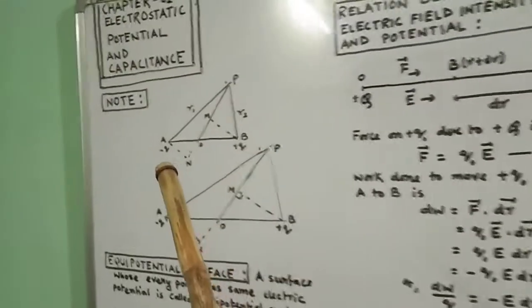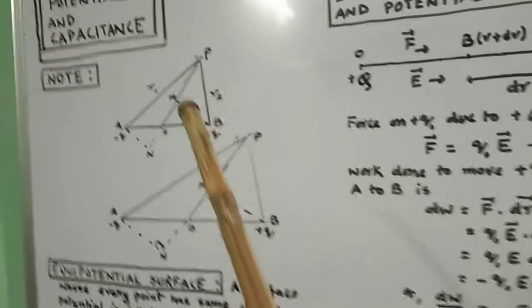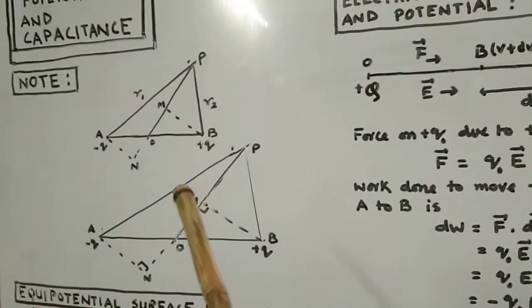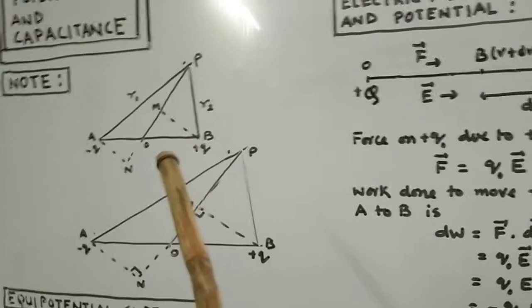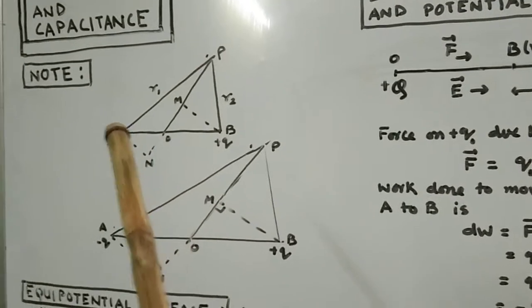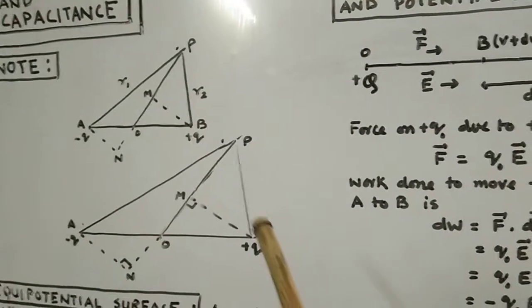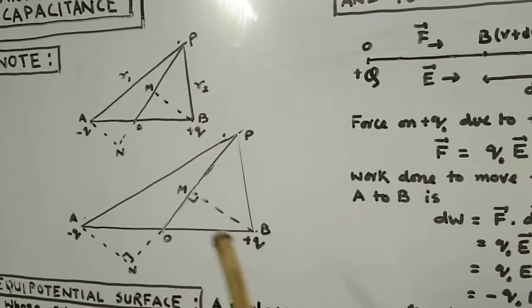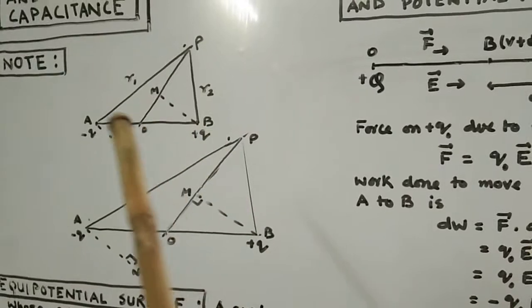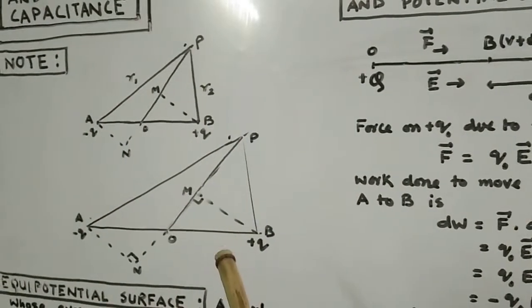Now let me go to the figure under the note. Is there any change in these two figures? Try to observe it very carefully. Here AB length and here AB length, the length of the dipole. In this case the length of the dipole is more, in this case the length of the dipole is smaller. What changes will be there?